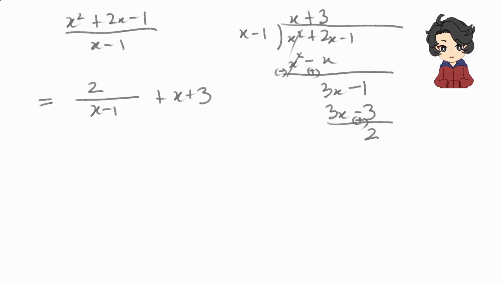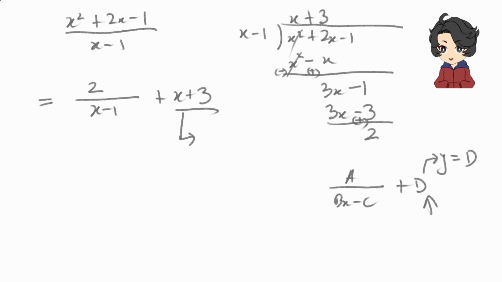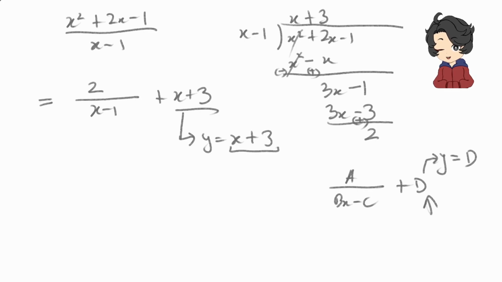So this is clearly different from the previous form. The only difference is this d over here. It's no longer a constant, but a function. And now if you remember how our horizontal asymptotes work, this thing was simply y equals d. So if you apply that logic here as well, then our quote horizontal asymptote would turn into y equals x plus 3. But of course, if you look at it a bit deeper, this is not really a constant.